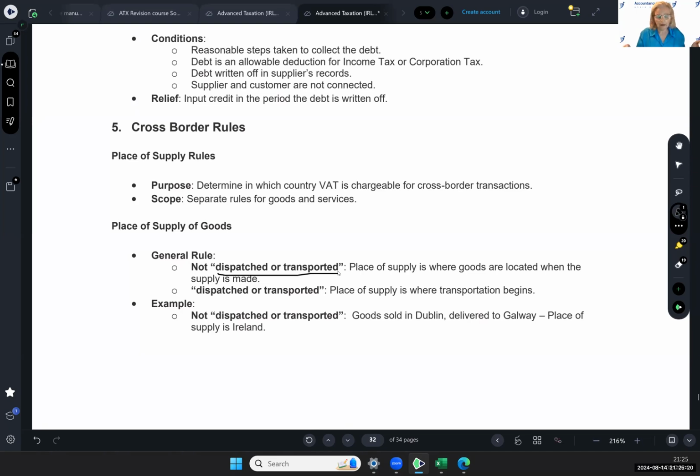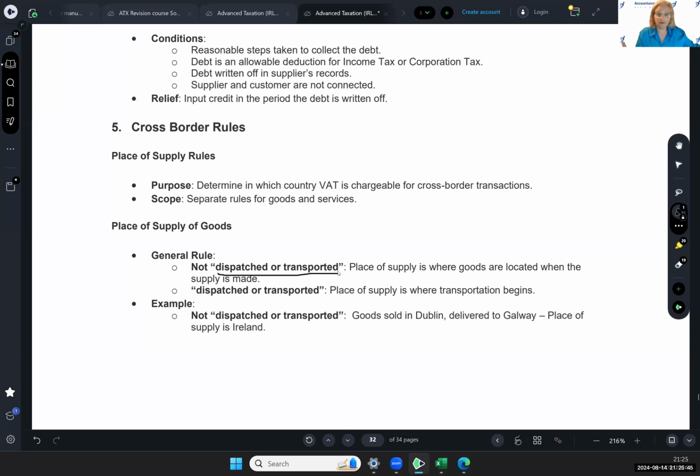So if you're told in a question, Larry in Dublin sold goods to a customer in Cork, and the goods were dispatched and transported to the customer in Cork, is that a cross-border supply? No, that's an Irish supply.